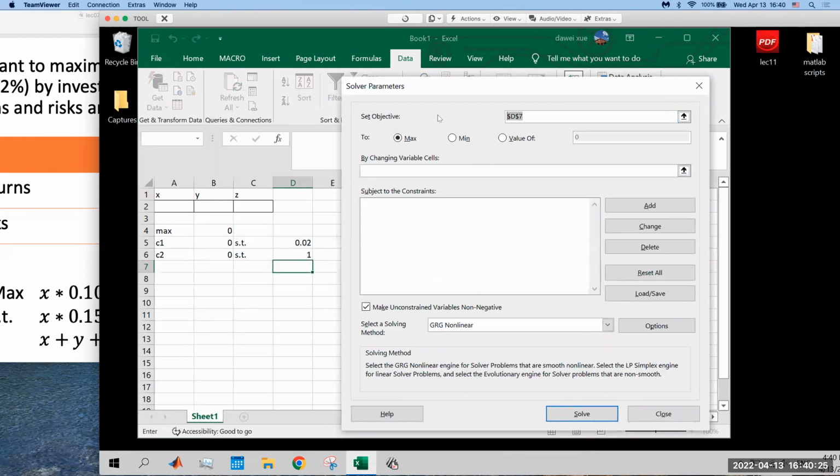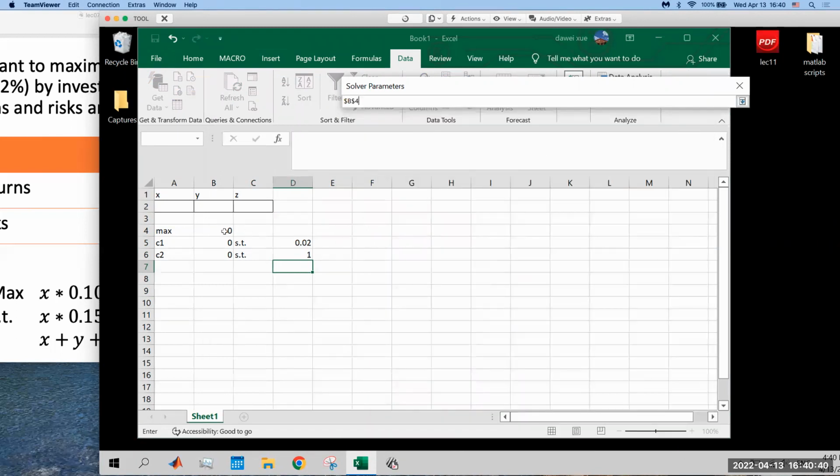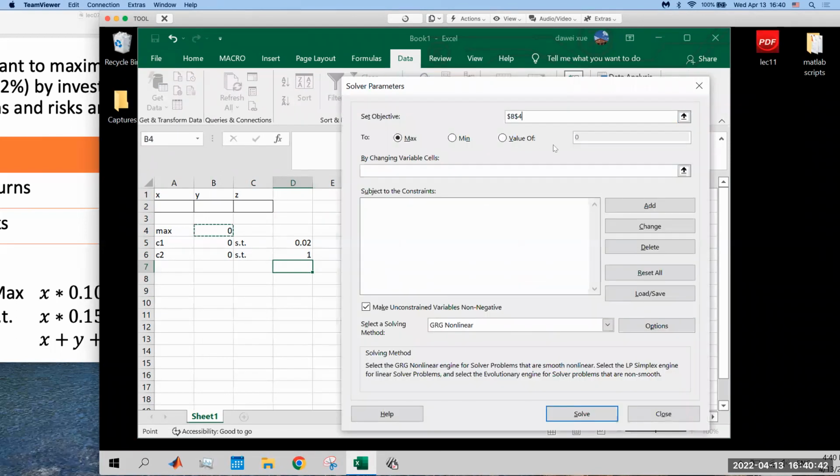Now, since we have translated the math functions into Excel, Excel will take the cells. So the objective function, this one, you select this one, and we want to maximize the return, so we click on Max.